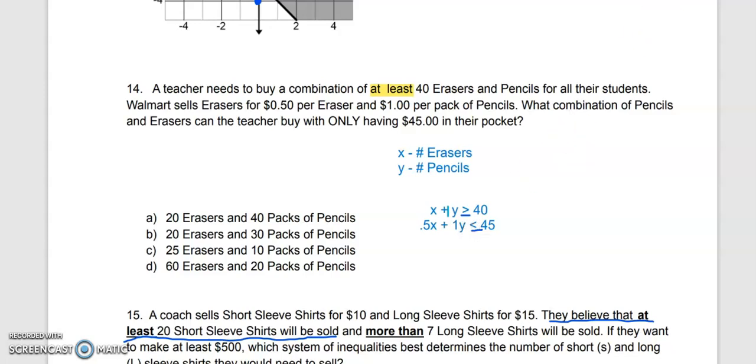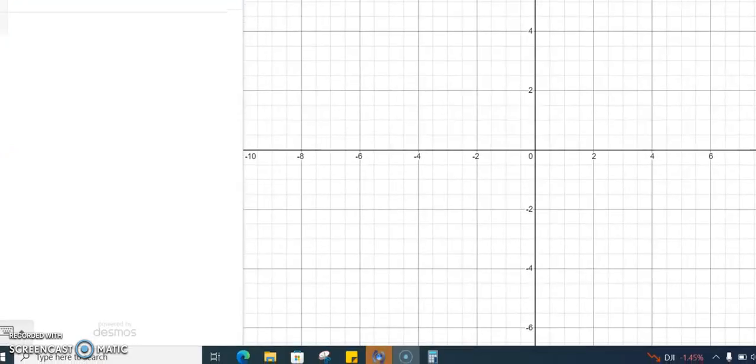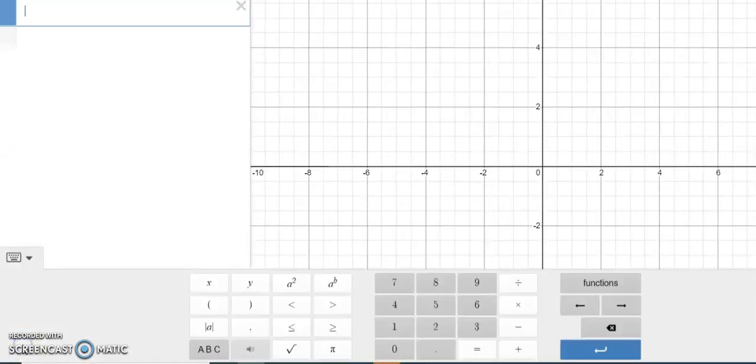So I have x plus y is greater than or equal to 40. And what I want to do is I'm going to use this button down here. So I have x plus y needs to be greater than or equal to 40.